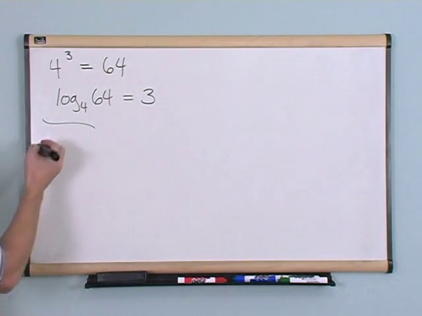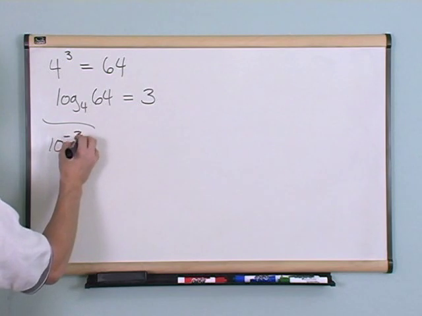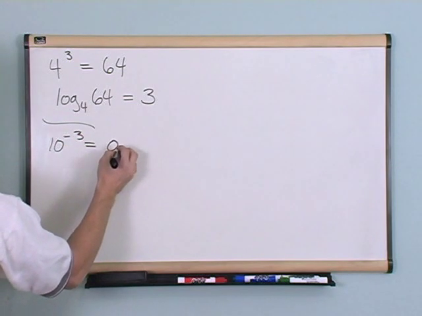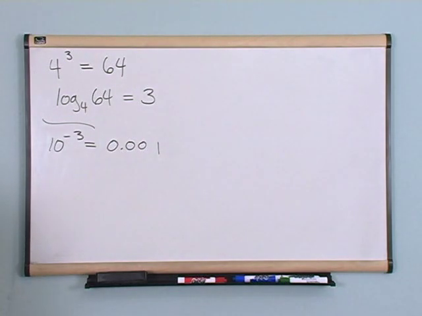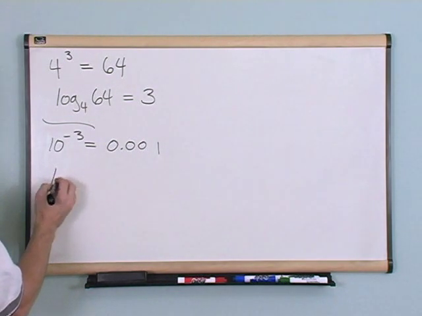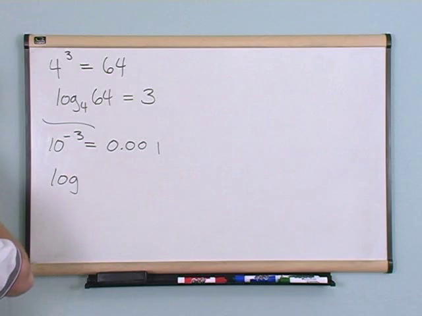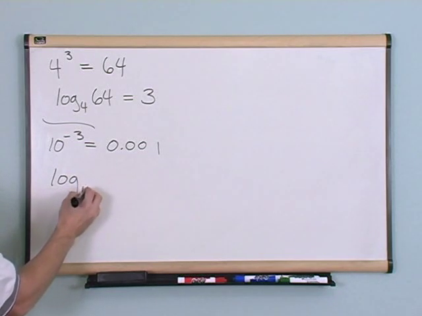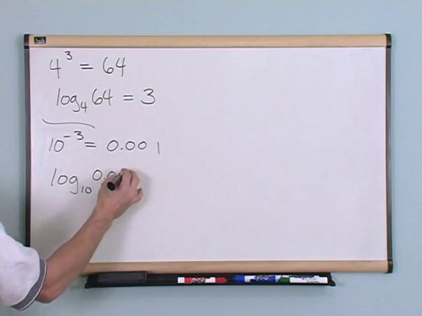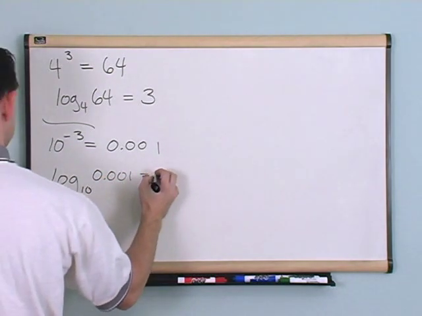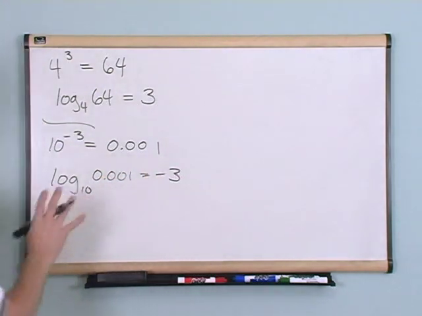What if you had 10 to the minus 3 equals 0.001? Okay? First, you've got to start at the base. That would be log base 10 of 0.001 equals negative 3. Why is this true?